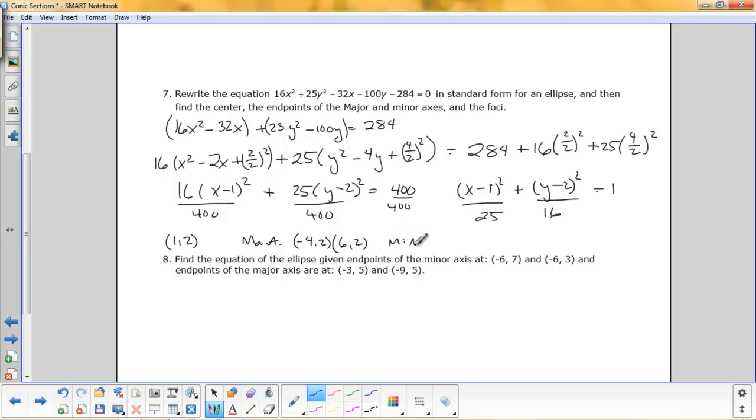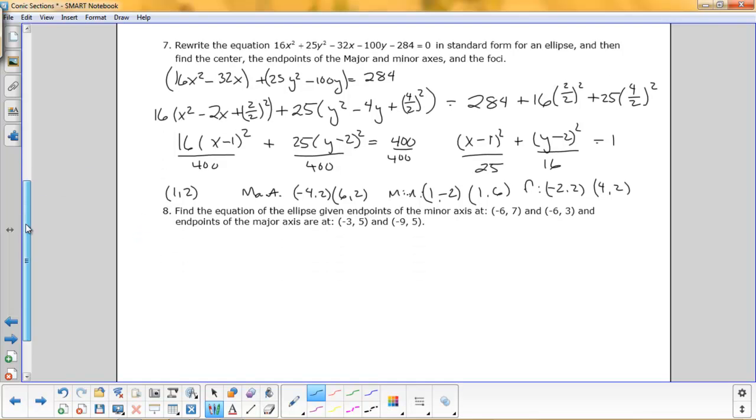Minor axis endpoints are located at (1, -2) and (1, 6). And the foci are located at (-2, 2) and (4, 2). Please use graphing to help you if you have difficulty determining each of those locations.